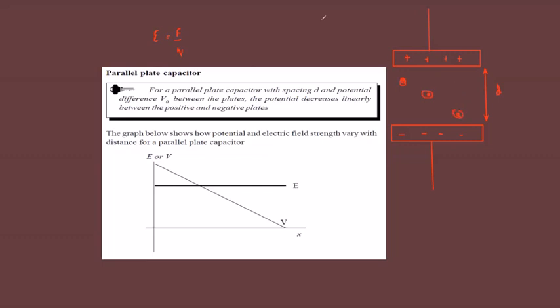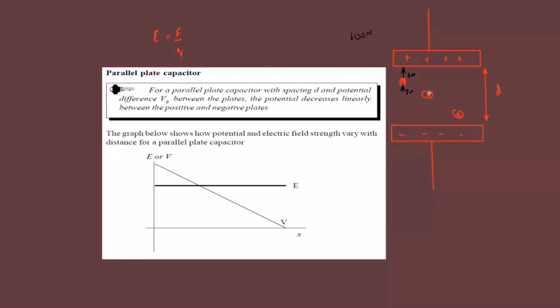The force from the positive plate will change, the force from the negative plate will also change, but the resultant force will be the same. When it is closer to the positive plate, attraction is more and repulsion is less. For example, if attraction was 70 and the repulsion was 30, the resultant force will be 100 Newton.